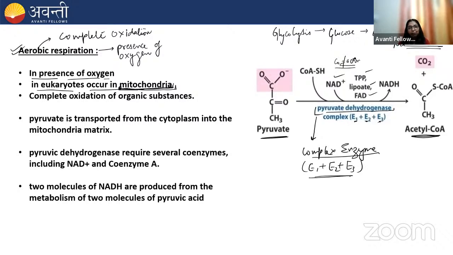The apoenzyme binds with the cofactor, then it becomes a holoenzyme, the biologically active enzyme. So all these are cofactors. For E1, the cofactor is TPP. For E2, the cofactor is lipoate. And for E3, the cofactor is FAD and NAD+.